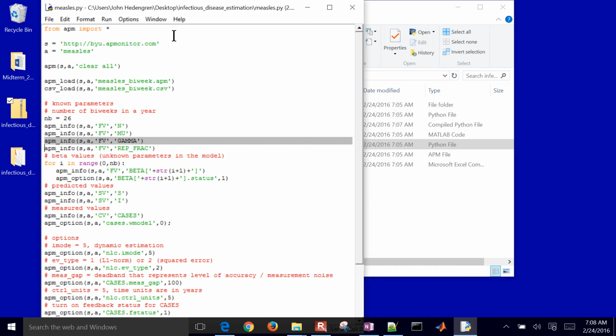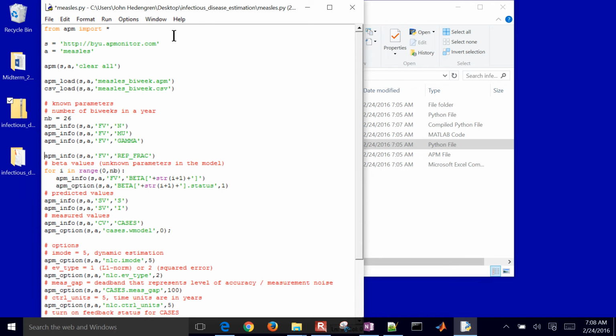So what we're going to do is just take this gamma value that's been declared as a parameter, and then just turn on the status. Okay, so I'm going to do an option and then do gamma status, and we'll set that equal to 1 or on. Okay, so now it's going to try to estimate the gamma value.